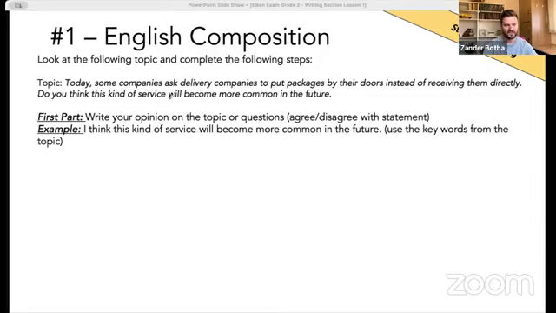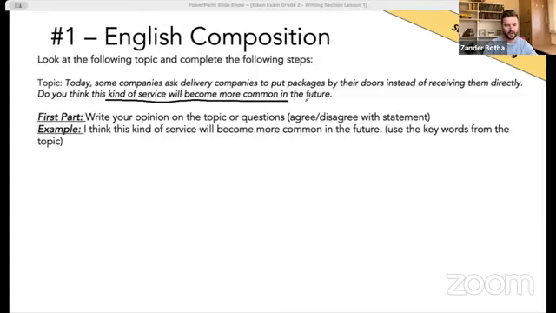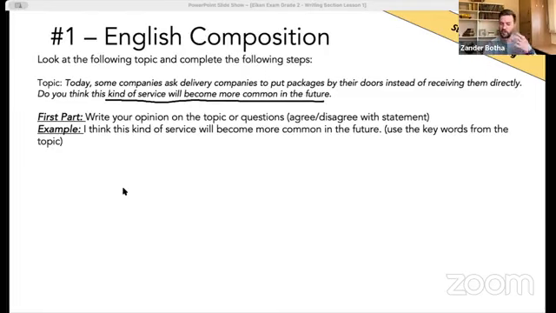We use this phrase, this kind of service will become more common in the future. We use the words from the topic that they give us to give our opinion in the first part of our English composition. So that's part number one. You need to start by giving your opinion first.